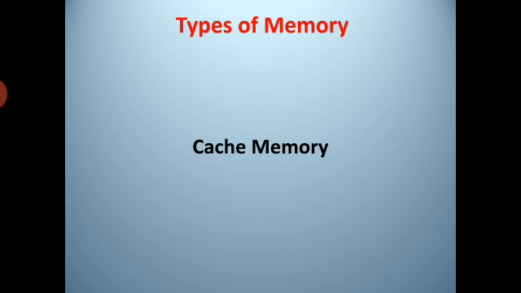Cache memory. Dear students, RAM is faster than secondary memory, but not as fast as the computer processor. So, because of RAM, a CPU may have to slow down. To speed up the operations of the CPU, a very high speed memory known as cache is placed between the CPU and the primary memory.